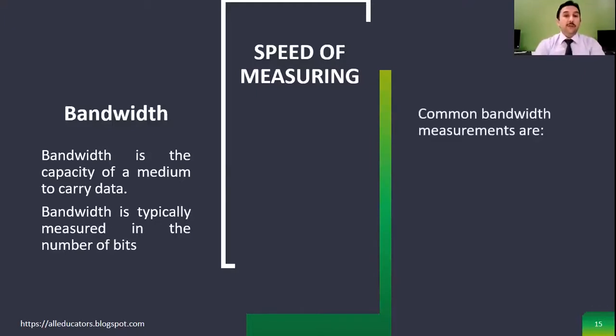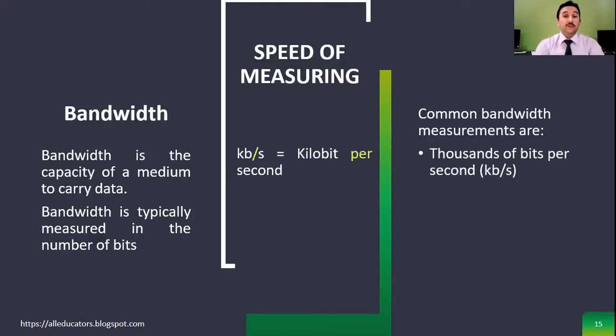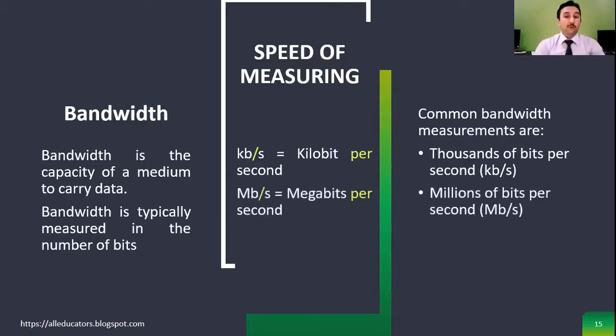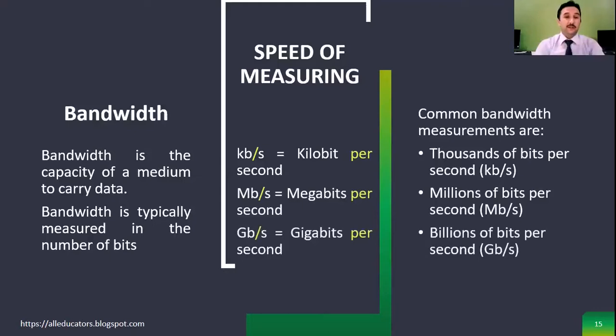Common bandwidth measurements are thousands of bits per second, which we call kilobit per second, and millions of bits per second, megabit per second. And the last one, which we will mention today, is billions of bits per second, gigabit per second.